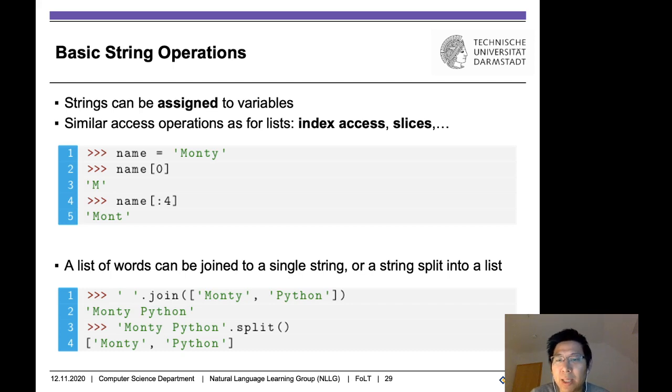For example, you can use the join function to merge a list of tokens into a string, and you can do the other way around as well. You can split strings into a list of tokens.